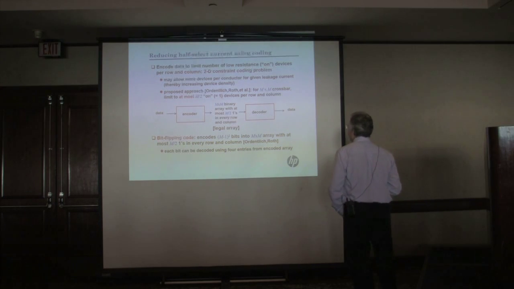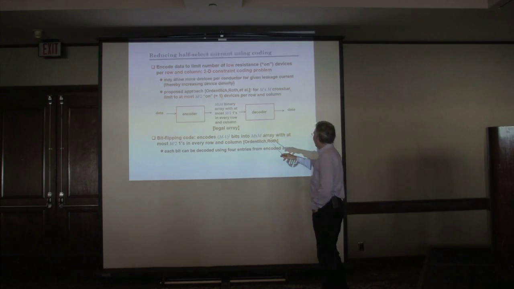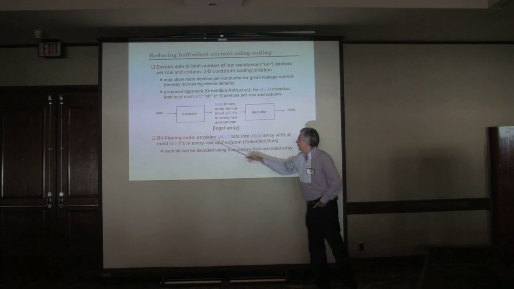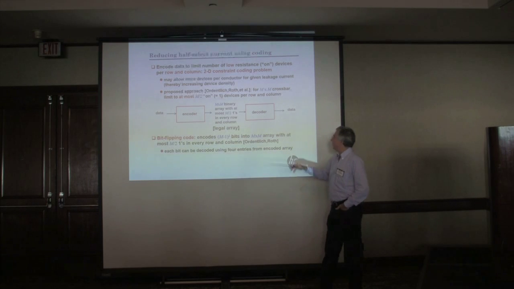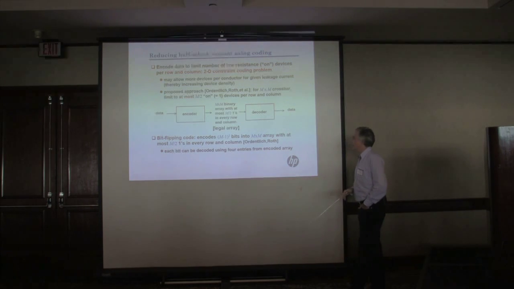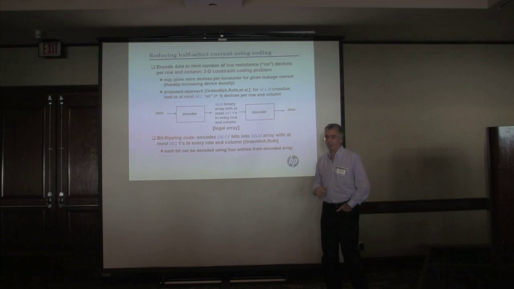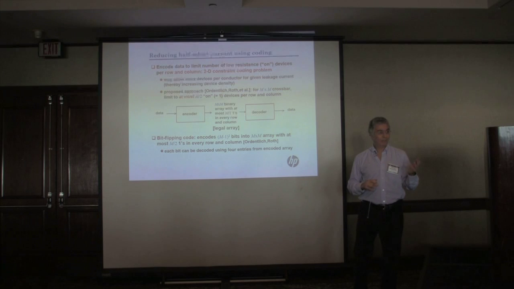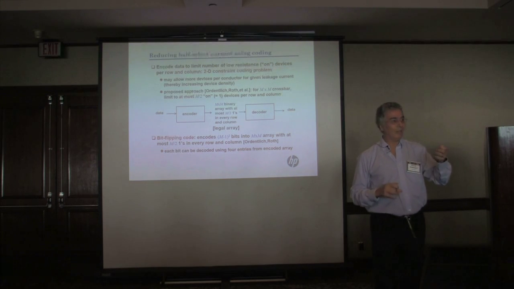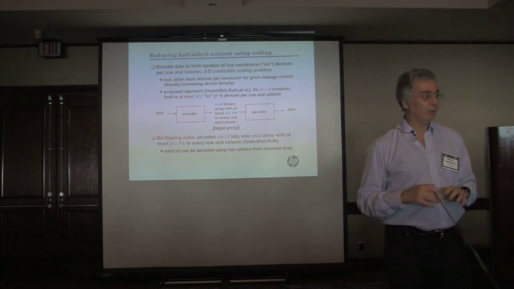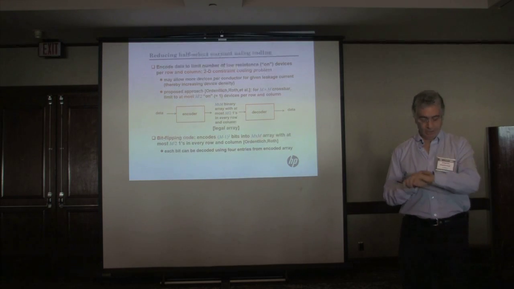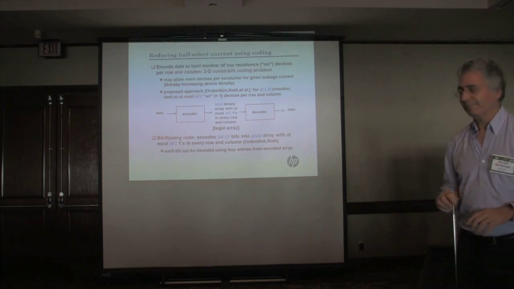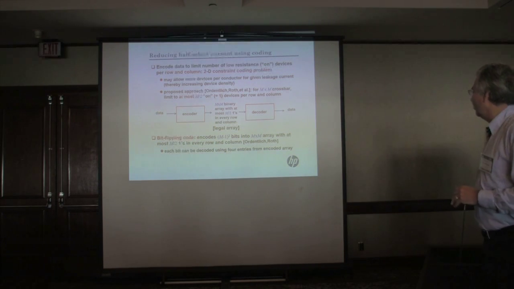What I'm going to describe here is what Eric and Ronnie came up with, which is the bit flipping code, which encodes (m-1)^2 bits into an m by m array with at most m/2 ones in every row and column. As you can see here, the redundancy is about 2m. So they are paying 2m, and we'll see later how good this 2m is, in order to get the constraint they wanted.